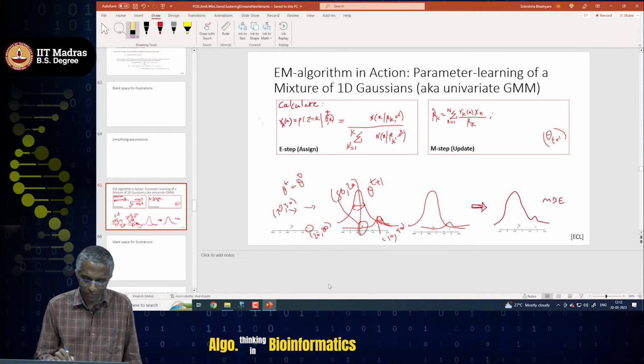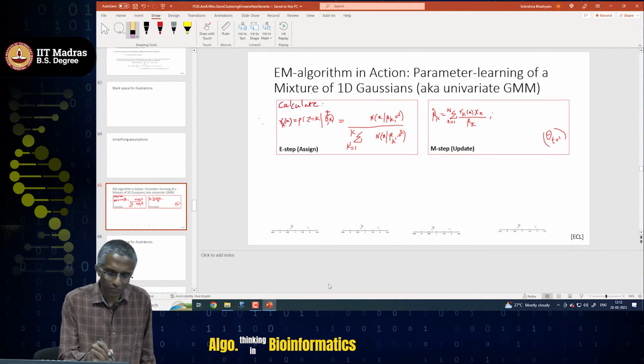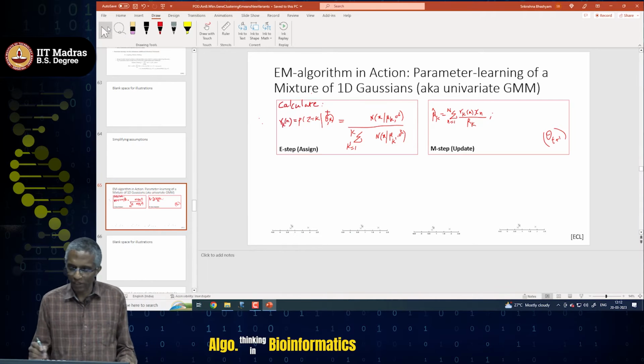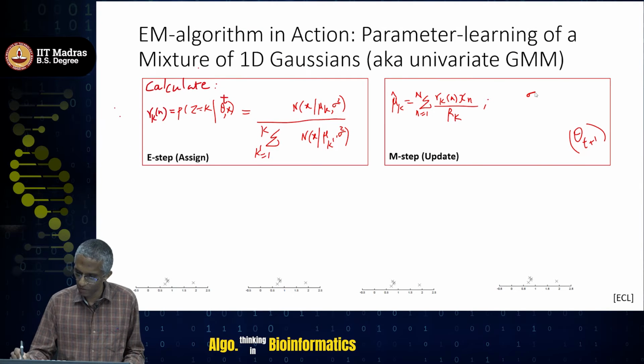Let me also remove all of these examples here, which were for a general mixture model of two 1D Gaussians, but you are now going to look at a very simplified model, where sigma k equal to sigma for all k is assumed to be known.